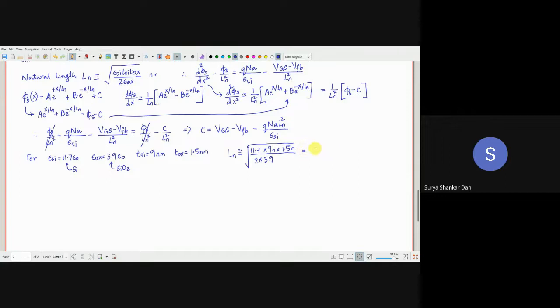That becomes 4.5 nanometers. I did the calculation and found this is an easier number to remember, so that's why I chose these particular values. But this can be different, obviously.